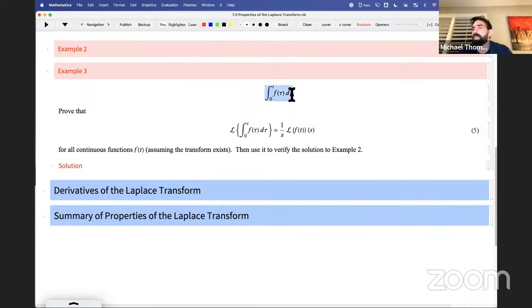Okay, so now that I've got this function, by the way, what's the derivative of this function? Remember the fundamental theorem of calculus part 1, back in Calc 1.